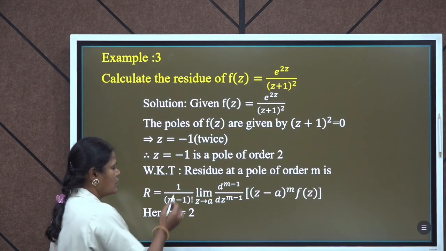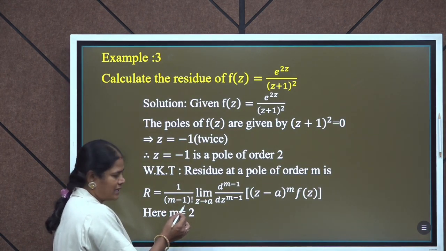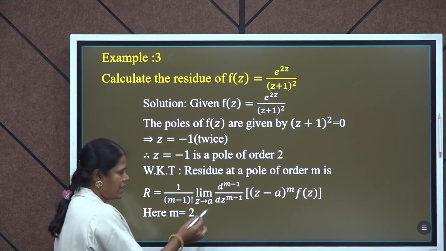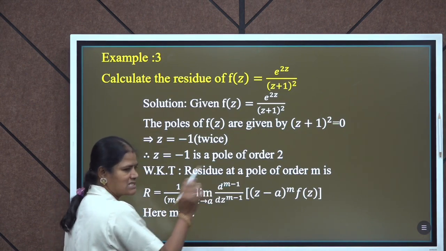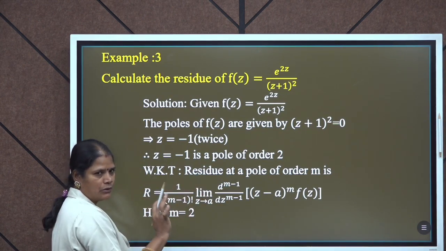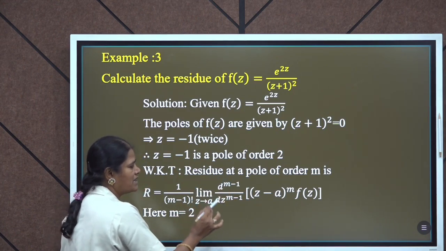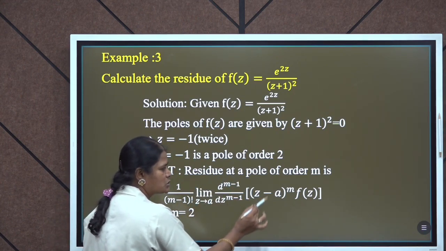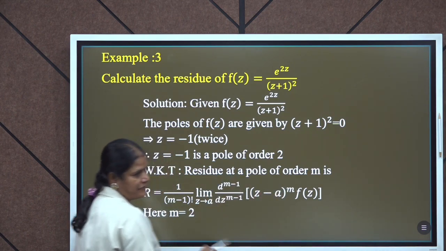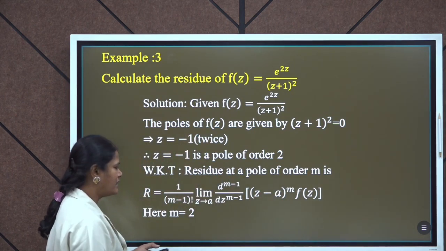Then what will come? 1/(2 − 1)! times the limit as z tends to a of d^(2−1). Instead of m, I have to substitute 2. That is d^(2−1)/dz^(2−1) of (z − 2)² f(z). F(z) is nothing but the entire function.